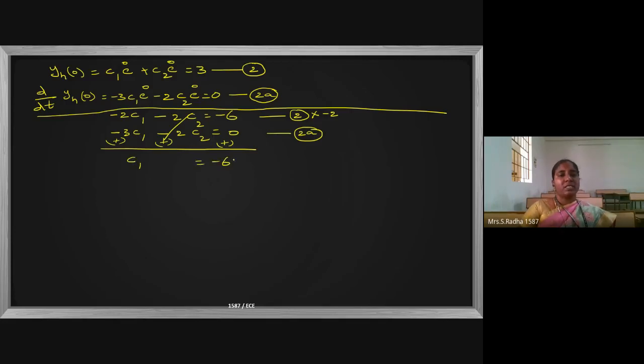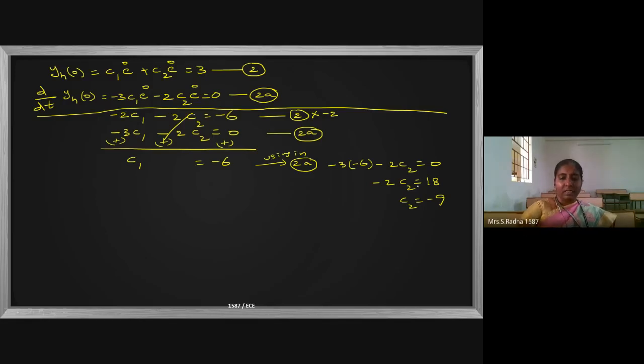Putting this in equation 2a, with c1 as minus 6: minus 3 times minus 6 minus 2c2 equal to 0. So minus 2c2 is nothing but plus 18, and the c2 value is minus 9. So the c1 value we got is minus 6, and the c2 value is minus 9.